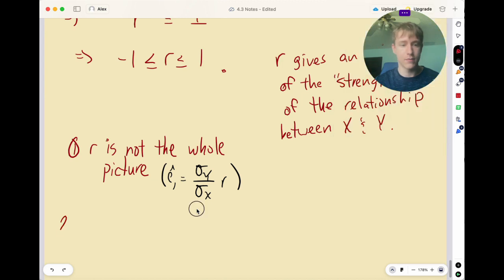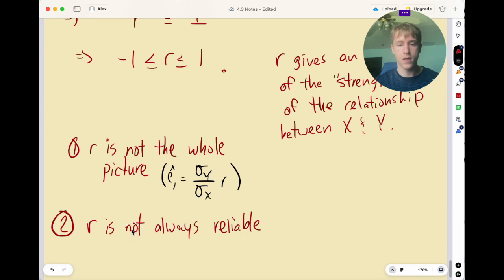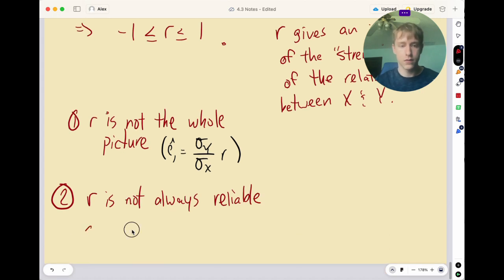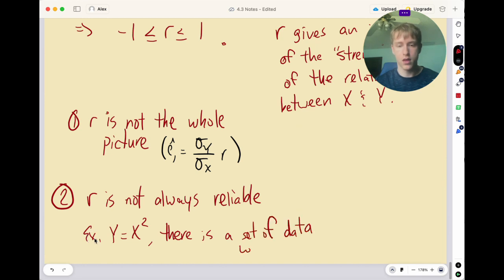And the second thing to point out is that R is not always reliable. Okay, for example, if I let y be the random variable x squared, there is a set of data where the correlation coefficient R, clearly x and y are dependent on each other.